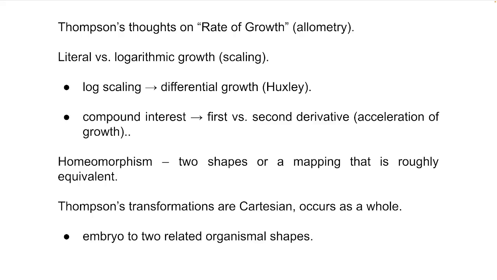So, the way he's thinking about this is that you have an embryo that is roughly similar in terms of shape from organism to organism, and then through development they acquire these different organismal shapes that are related but different. And so he thought about common ancestry. That was part of his mental model. He thought about how embryos are basically the same, which is not really true.